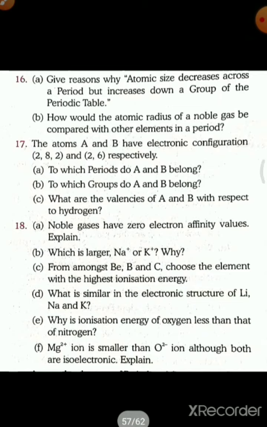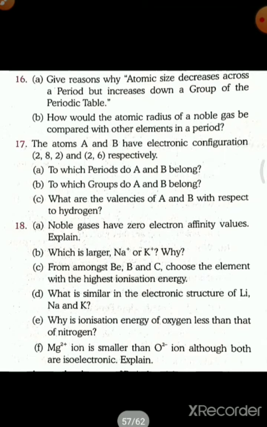Okay, so let's start. First question: give reasons why atomic size decreases across a period but increases down a group of the periodic table.